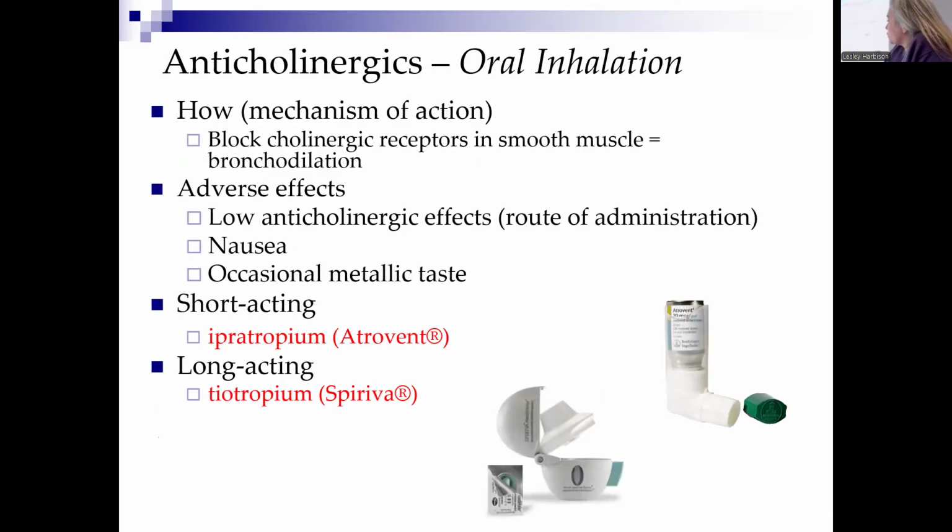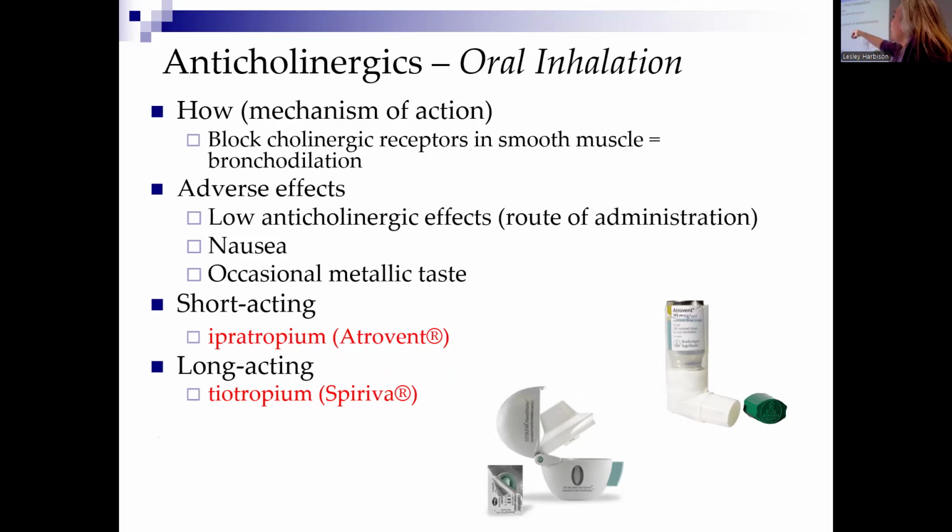Anticholinergic. So Atrovent, I've seen patients who take Atrovent. It's an anticholinergic, so it blocks cholinergic receptors in the smooth muscles. So it's probably going to block muscarinic, I'm assuming, but I don't have that written there. It has low anticholinergic effects, which is good to note.